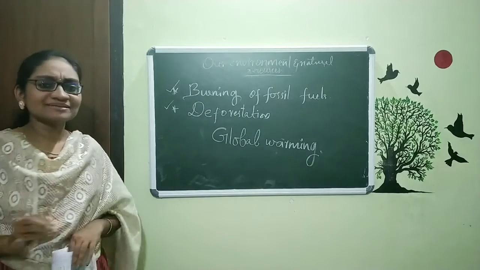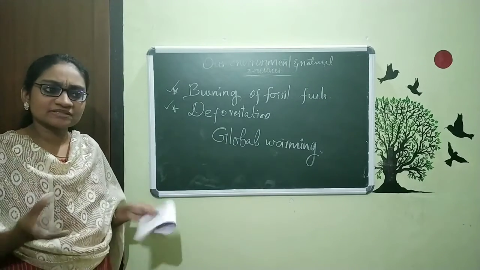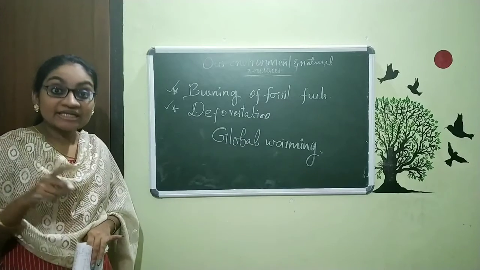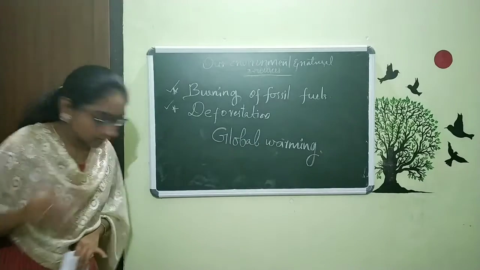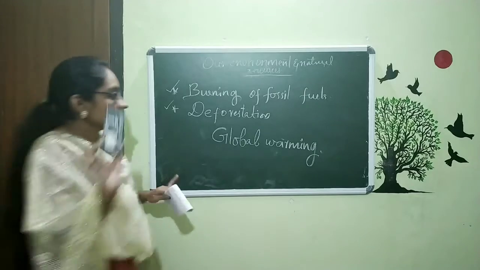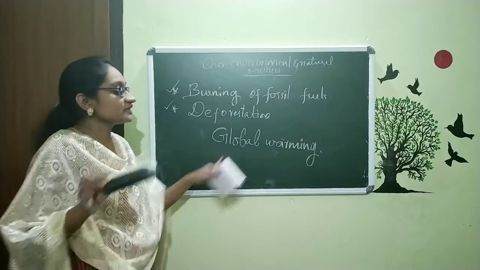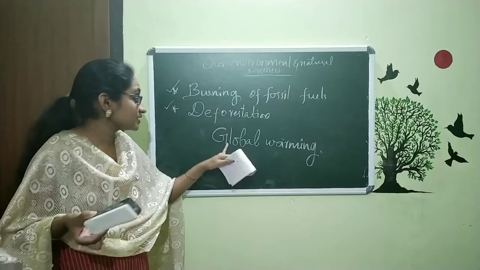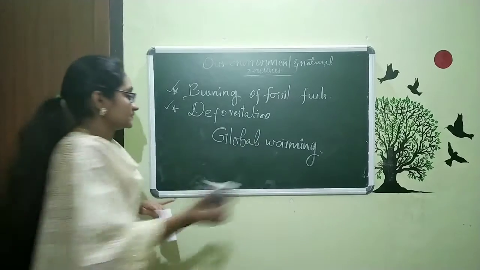Global warming means the increasing of the temperature of the atmosphere. So we can say the effect of the greenhouse effect is global warming. Because of this greenhouse effect, global warming happens.